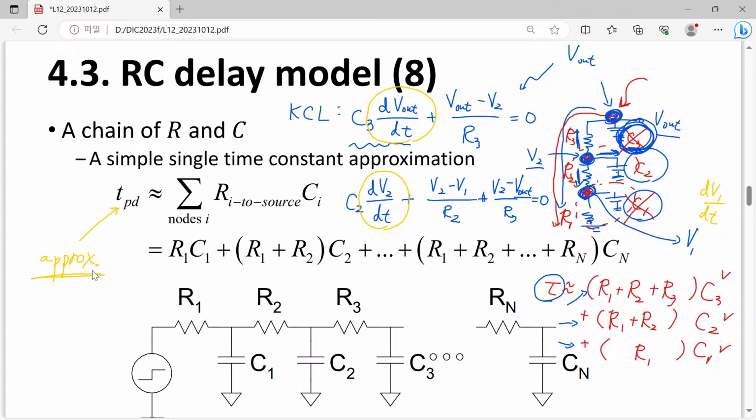But fortunately or unfortunately, we have already made so many approximations in describing our transistor with R and C, so another approximation introduced at this point can be well justified. It does not degrade the quality of our analysis that much, but at the same time we can greatly increase the efficiency of our analysis.